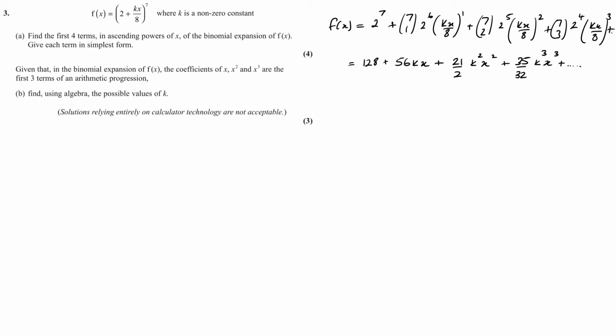Now, given that in the binomial expansion of f of x, the coefficients of x, x squared and x cubed, so we've got 56, 21 over 2 and 35 over 32, are the first 3 terms of an arithmetic progression. I have to be careful here that I'm not focused on just those numbers, because k is also a number, isn't it?